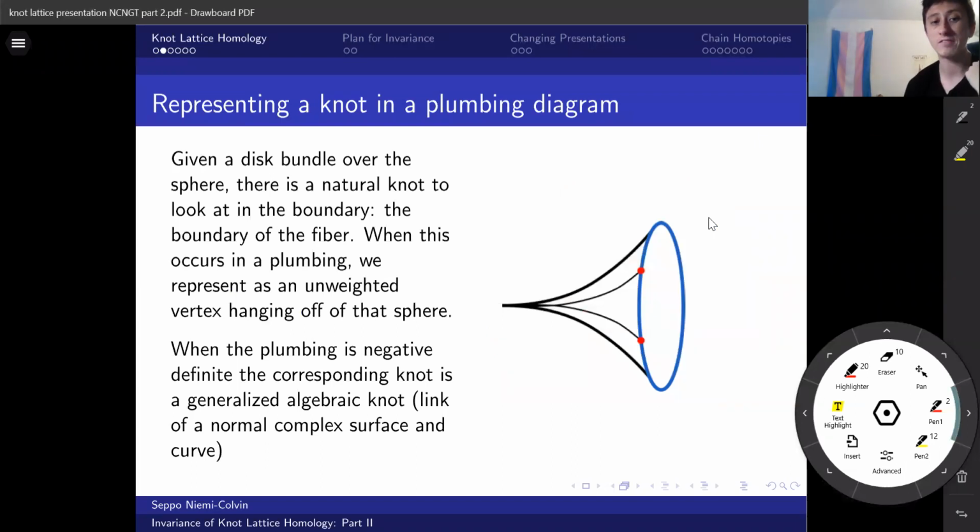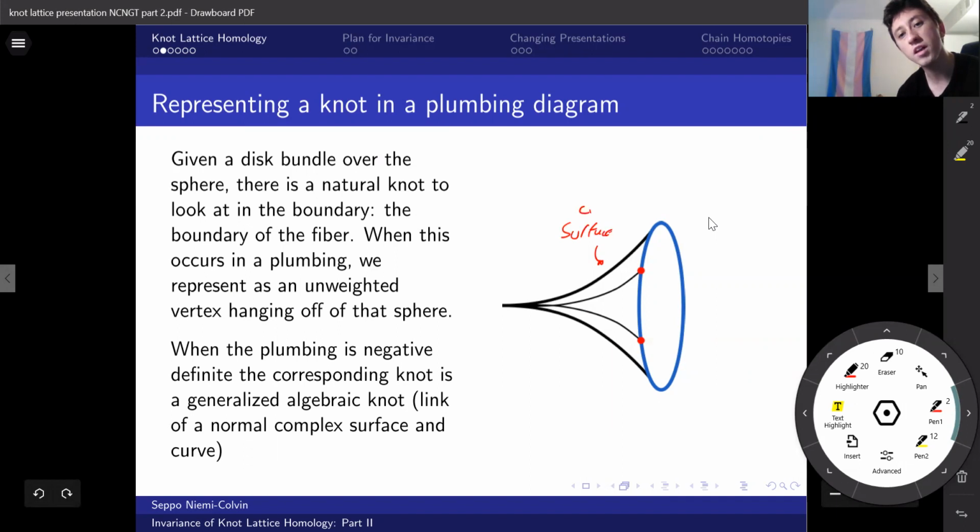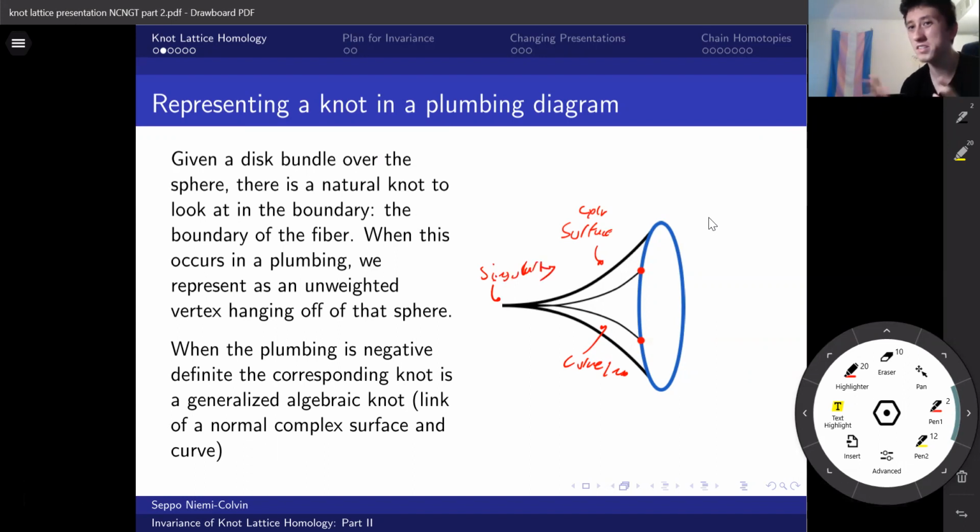When the plumbing is negative definite, we get a generalized algebraic knot, which is a link of a normal complex surface singularity and a curve. So here we have a complex surface, and here's a curve inside it with a singularity. And the curve may be even more singular than the surface.